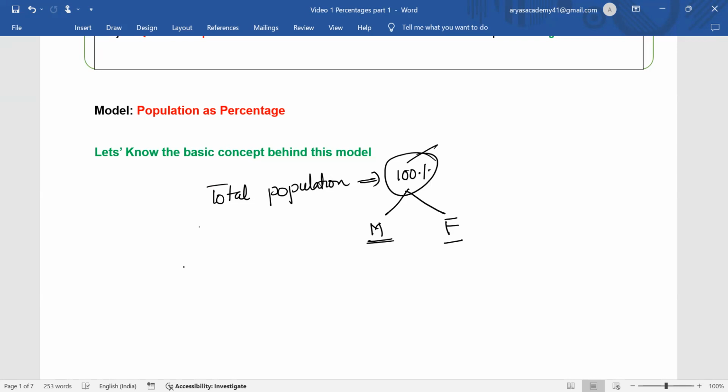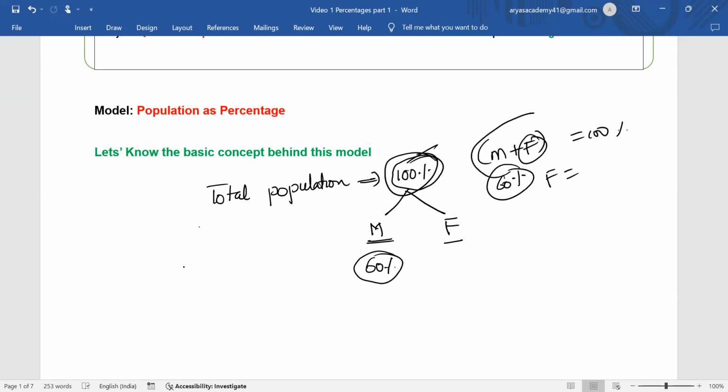If they say that the male population of the village is 60%, it automatically implies that males and females together make 100%. If the percentage of male population is 60%, we can easily find the female value. How? You simply subtract this value from the total 100. So 100 minus 60% will give you 40%. So the percentage of females in that particular village will be 40%.